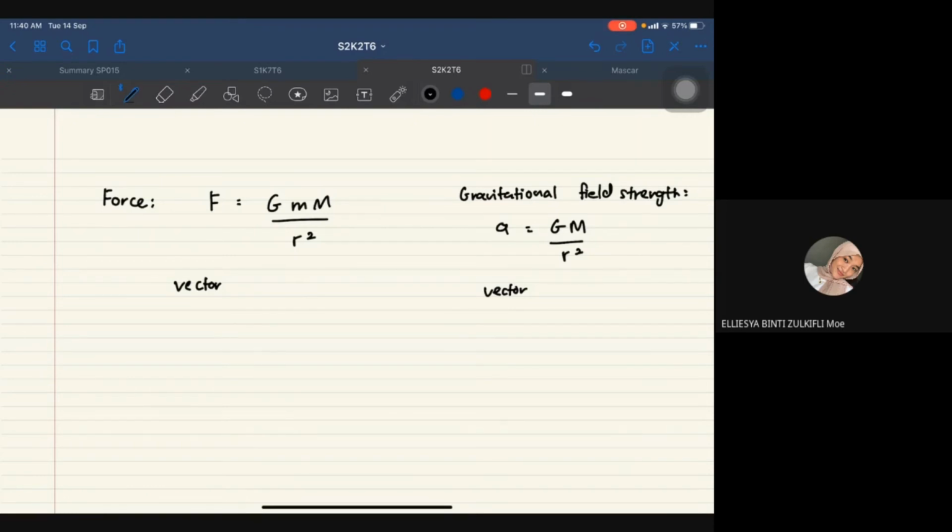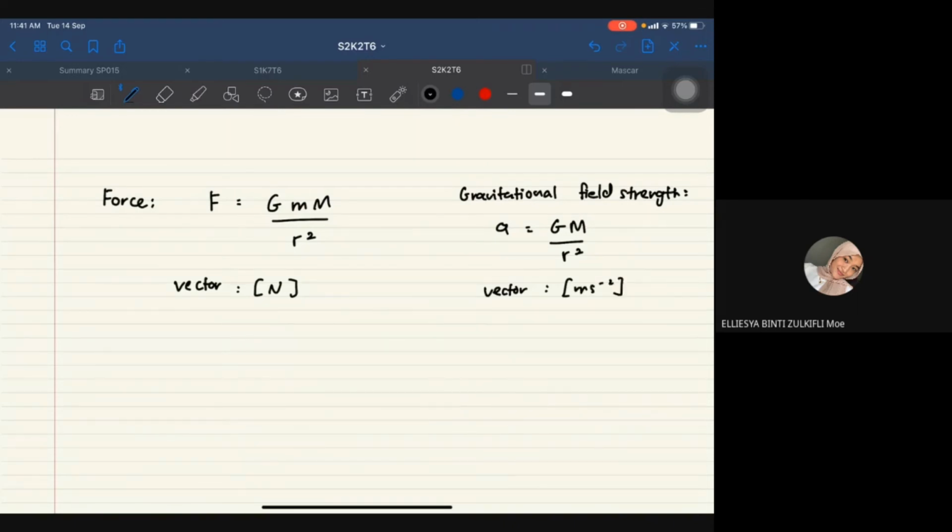Macam kamu gambarkan dia ke arah objek yang lagi satu. So ada attractive force. Kalau kamu lukis dalam jawapan kamu, you can state whether the force is to the right or to the left. Okay, the unit here would be Newton. Over here the unit would be ms minus 2.